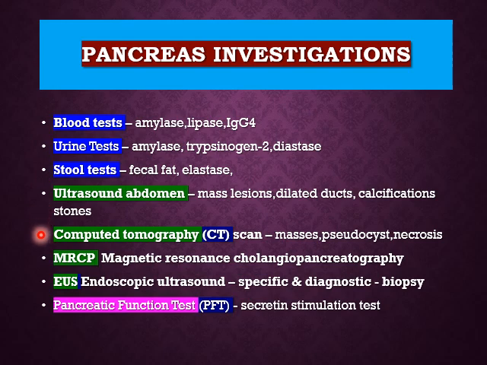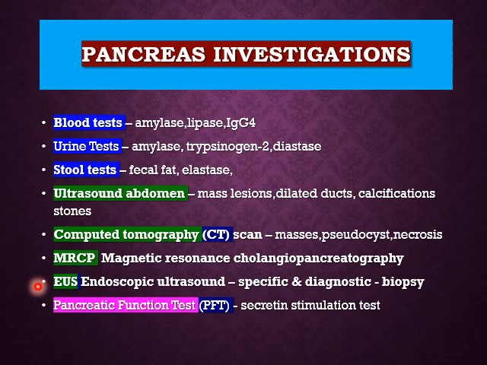CT scan is a very important diagnostic modality for detecting enlargement of the pancreas, tumors, and acute necrosis. MRCP is another important diagnostic tool, especially as it gives very good imaging of the pancreatic and bile ducts.